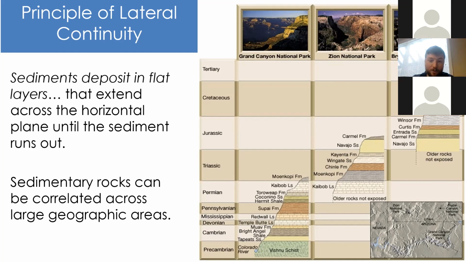These 2 formations can also be found in the Grand Canyon. So these were deposited after the Grand Canyon. And then we can go all the way down to the base of the Colorado River and the Grand Canyon. So we can infer that the Grand Canyon is a much older canyon than Zion, and Zion is an older canyon than Bryce.